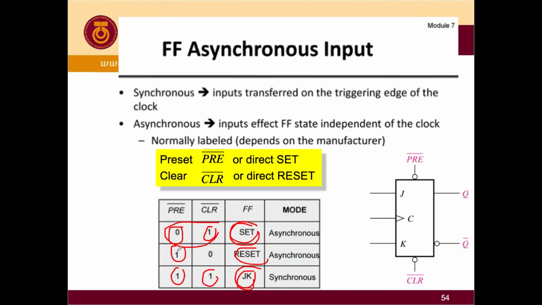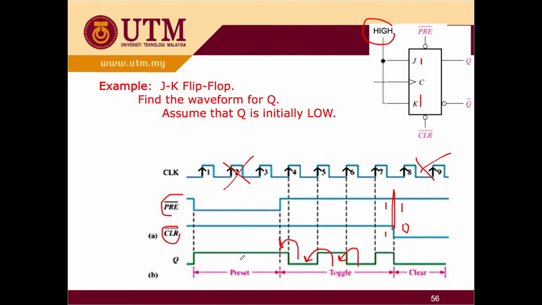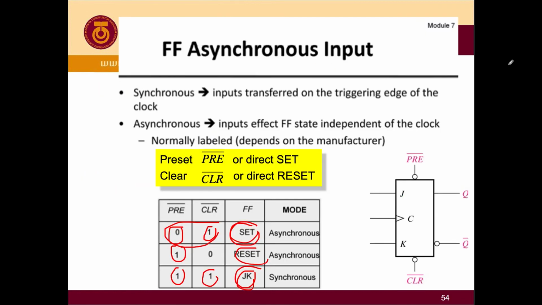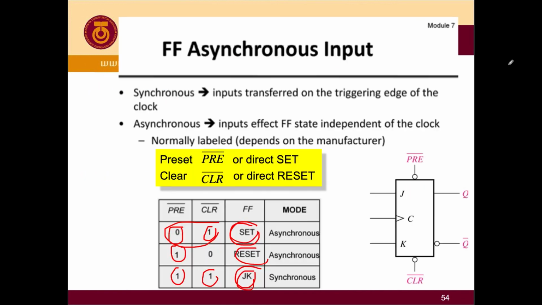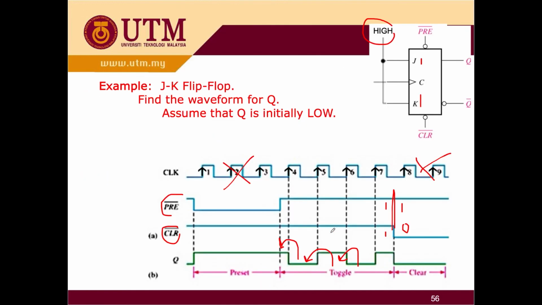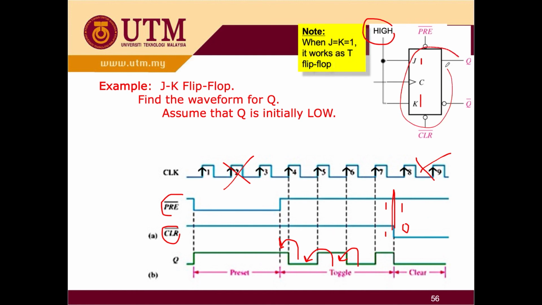So that's why you will consider this part only, whether it is set or reset for your output. Is it okay? So two truth tables you're going to refer to if you have these flip-flops and asynchronous inputs. The first truth table is this one, and another one is your JK flip-flop truth table, depending on what flip-flop you are having.